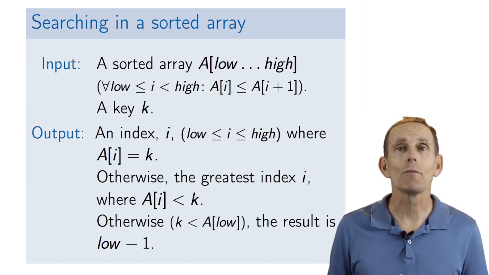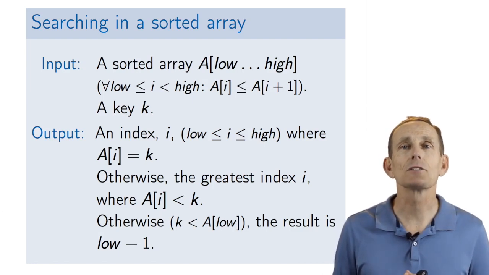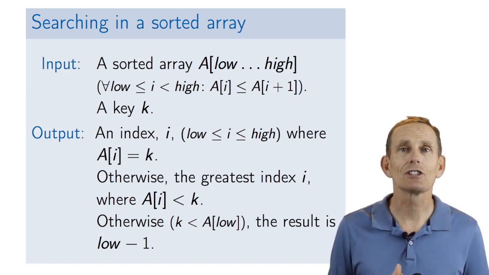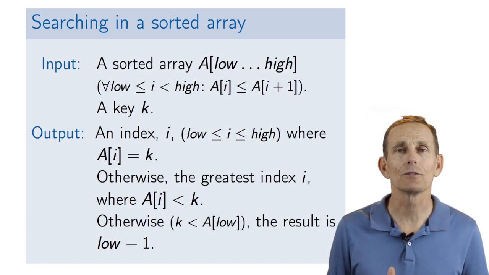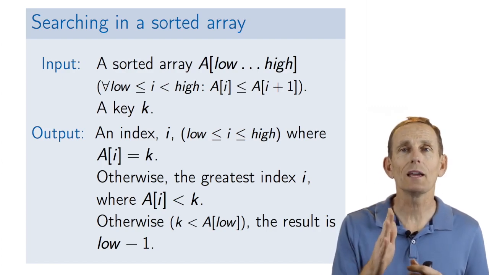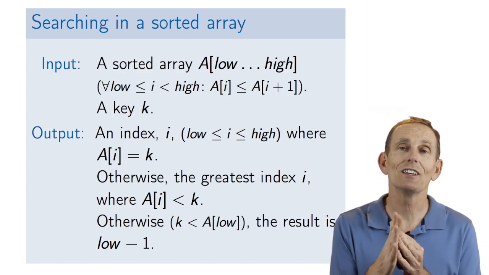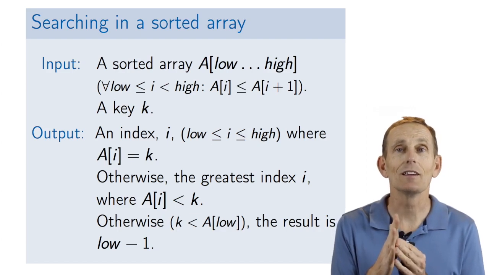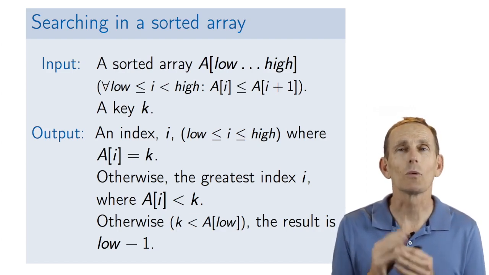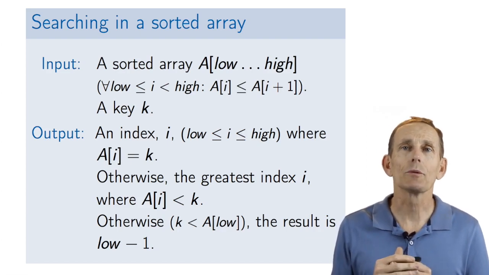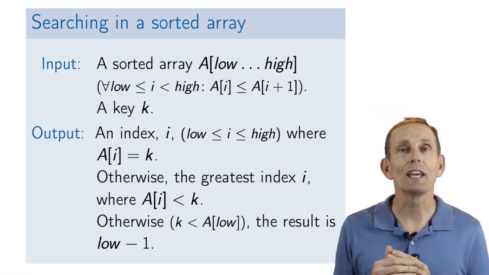If we don't have a match, instead of returning not found as we did in the linear search case, we're going to actually return somewhat more useful information, which is where in the array you would insert the element if you wanted to insert it, or where it would have been if it were there. So what we're going to return is the greatest index such that a sub i is less than k.